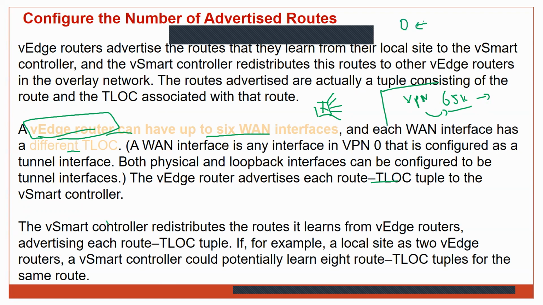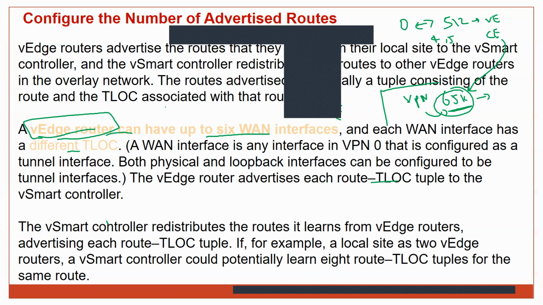That is the maximum for vEdge devices. For cEdge, you can create up to 65,000 segments. But we don't even need 65,000 segments. Theoretically you can create them, but no one does. Even in production, you'll find only 4 to 5 VPNs.